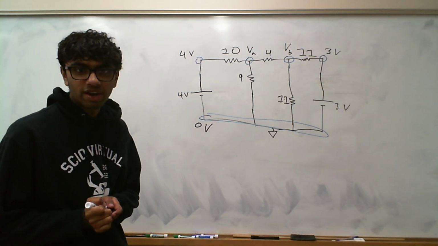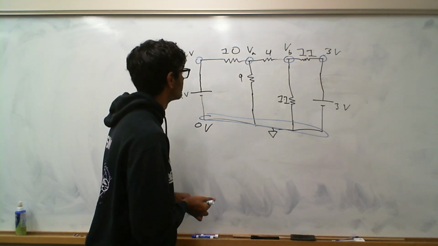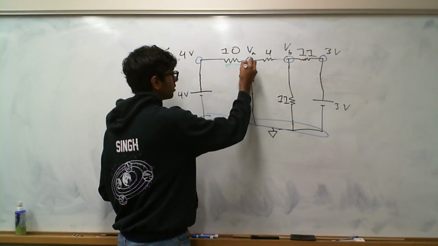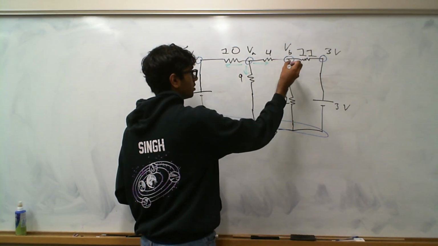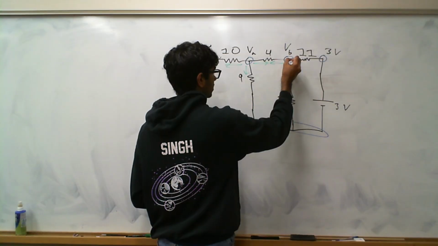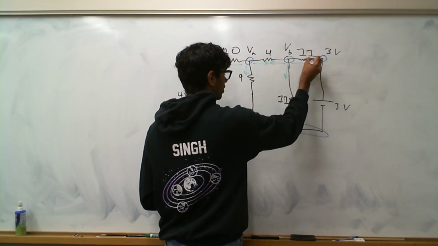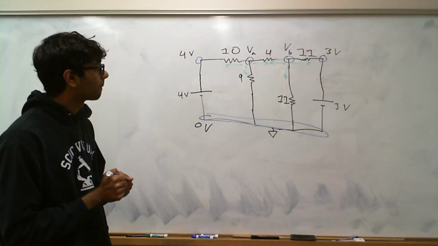Now, we're going to write KCL expressions for each of these. So we have current going there, current going there, there, current going there, current going there, current going there. Okay.